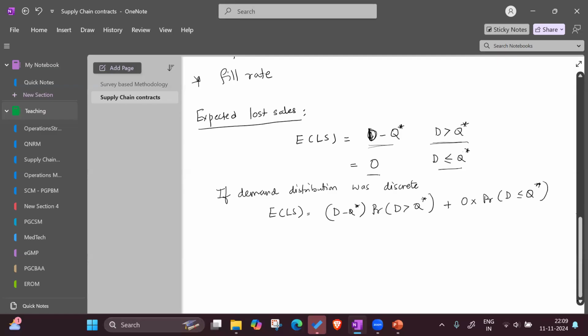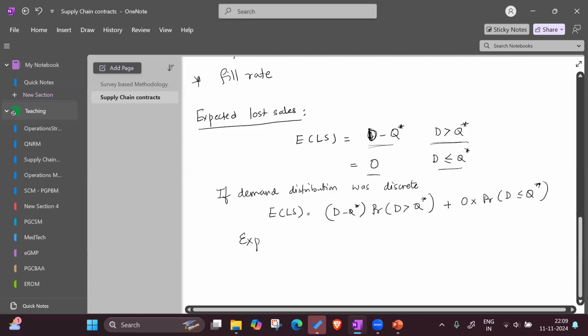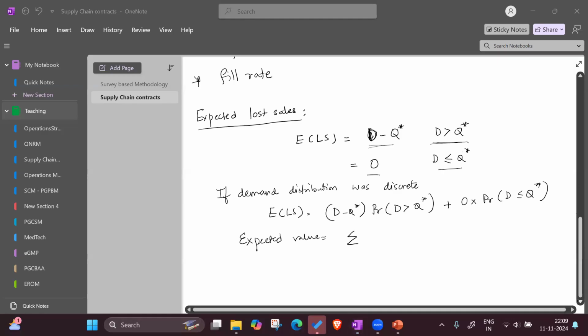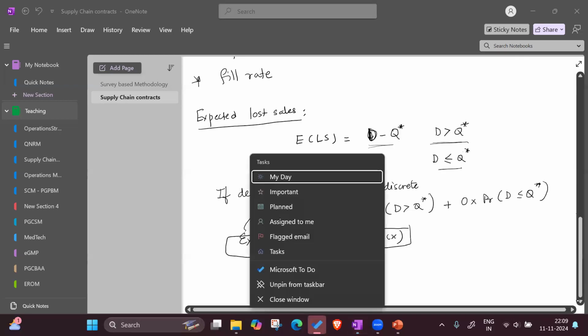Because as you know, the expected value for a discrete distribution is the sum, sigma represents the sum, of x into P of x. So this is the expected value formula, and that is what we used to arrive at this.